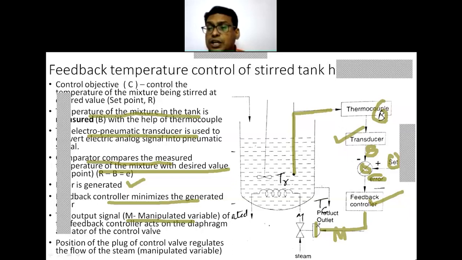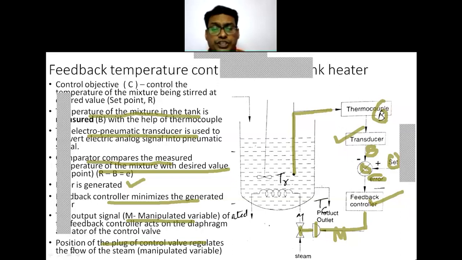So this pneumatically operated control valve receives the signal in terms of a pressure, and the actuator adjusts its position, the stem position, depending on the applied pressure. So the position of the plug of a control valve regulates the flow of the steam.